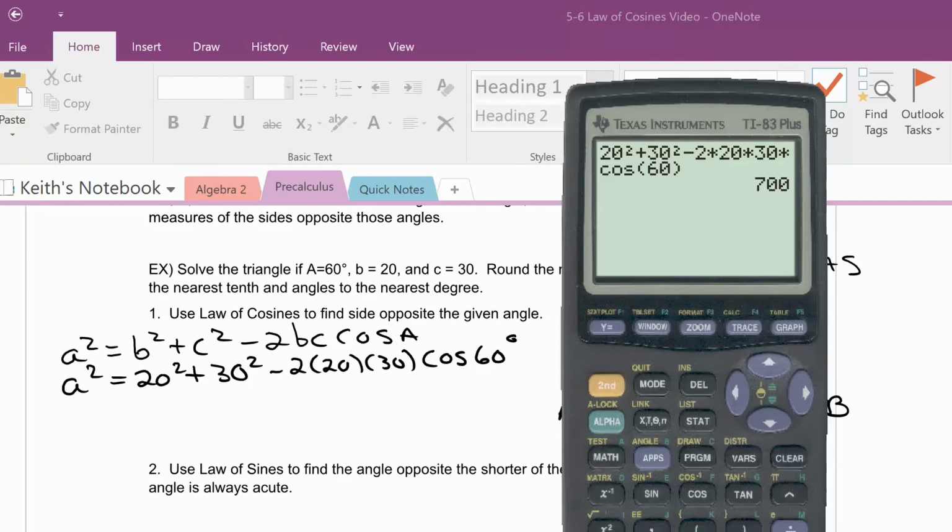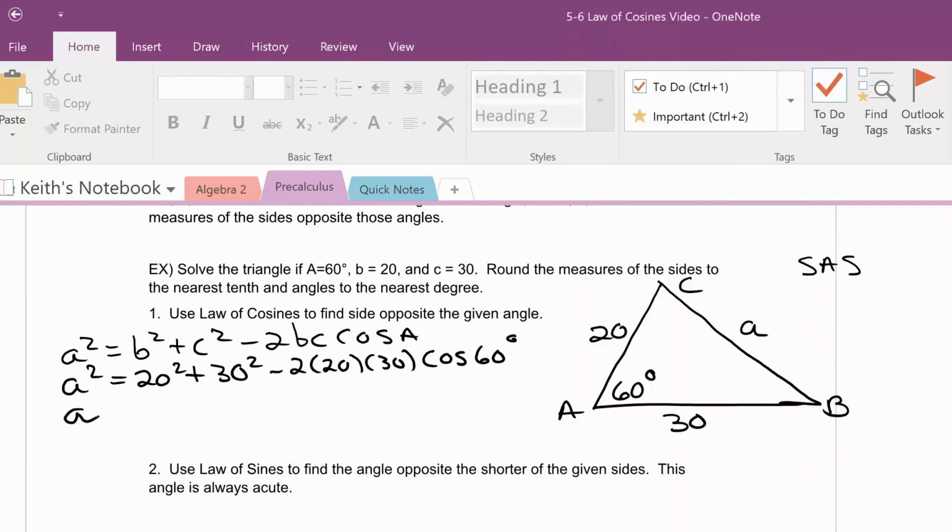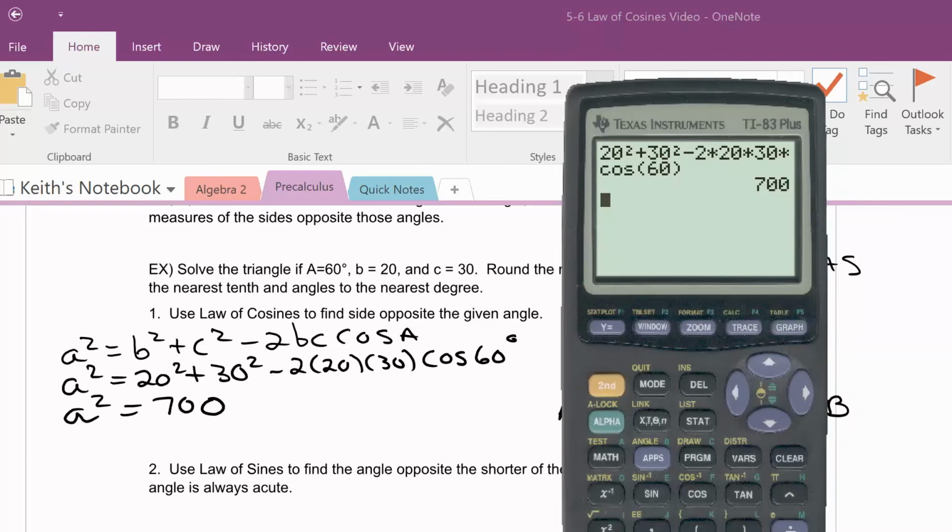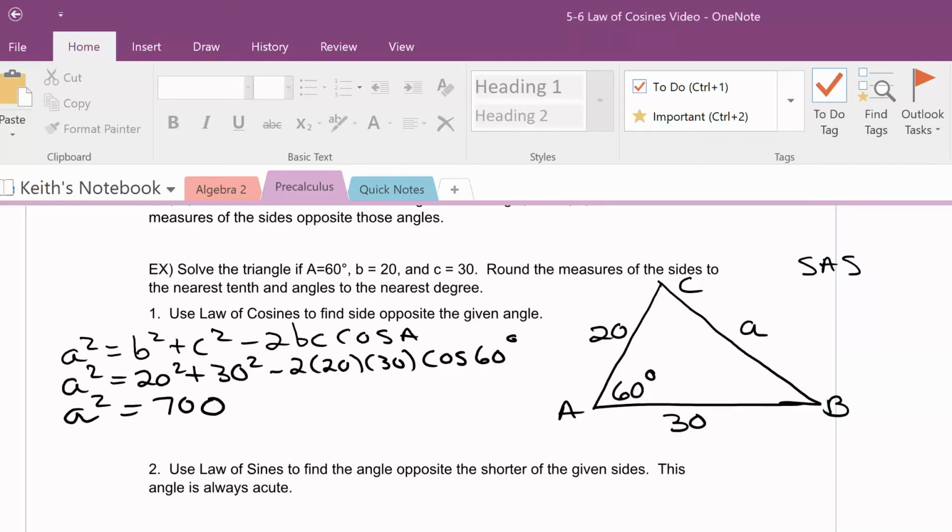And that gives you 700. So that means A squared is equal to 700. And that means A is going to be the square root of 700. So you go second function and then the answer. And that gives you 26.45. You were rounding to the nearest tenth, so 26.5 is side A.